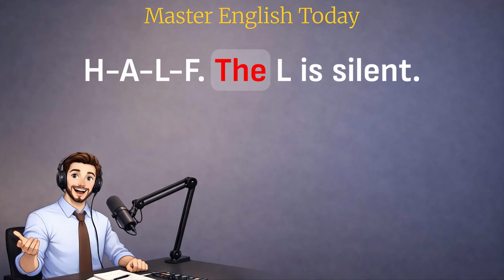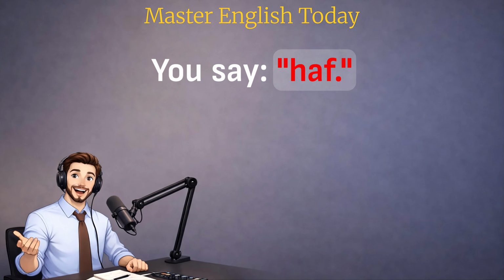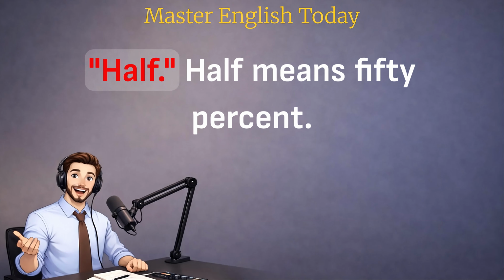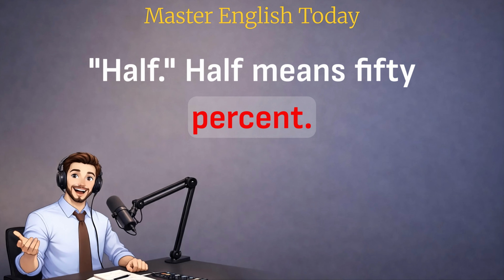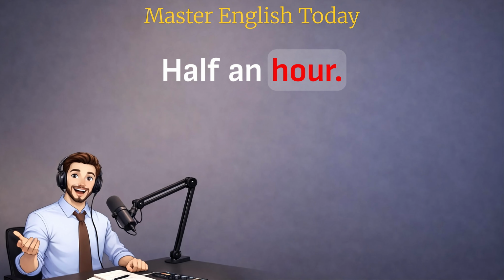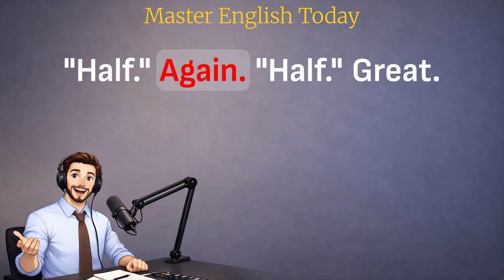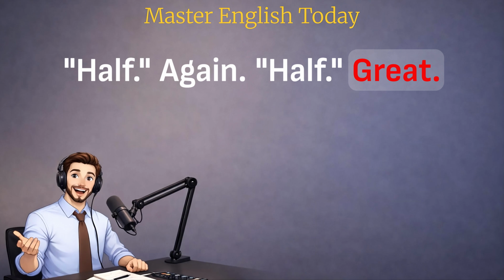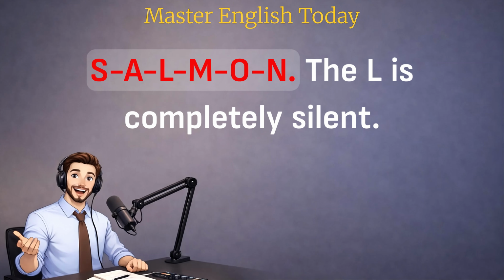H-A-L-F. The L is silent. You say half. Half means 50%. Half a pizza, half an hour. Now you say it. Half, again, half, great. And the word salmon. S-A-L-M-O-N.